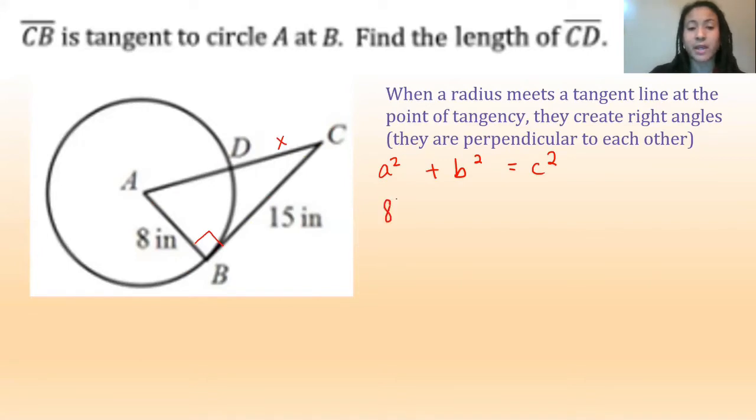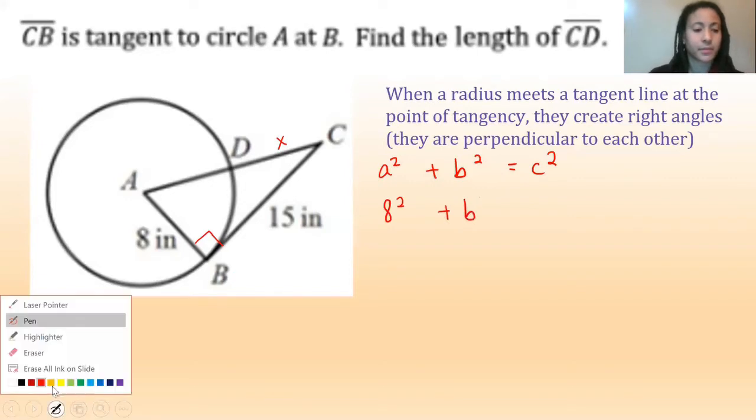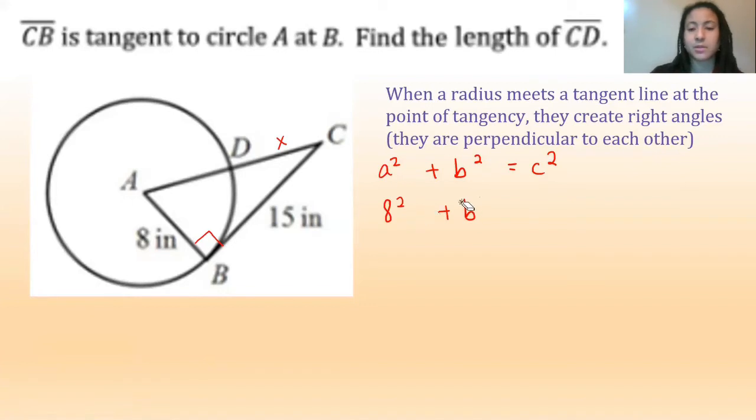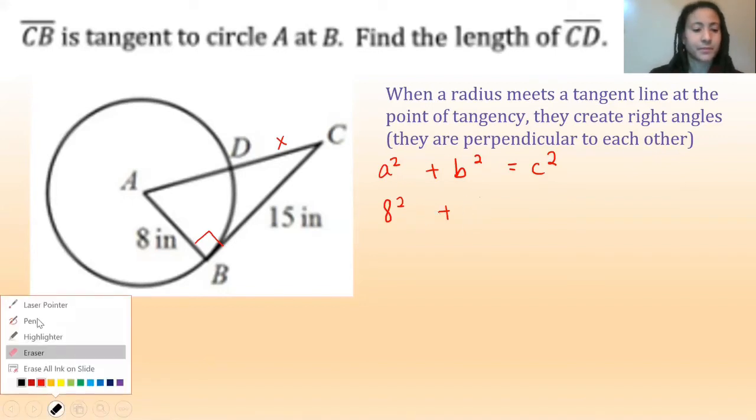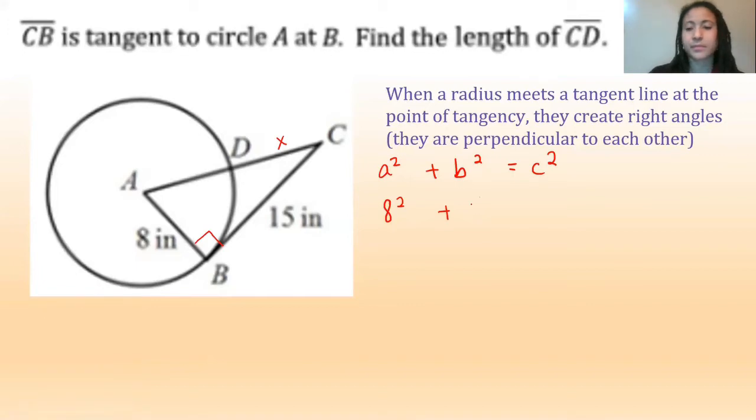So we have 8 squared plus b squared, 15 squared, equal to, I'm going to write AC squared for now. There's a reason why I'm doing it that way.